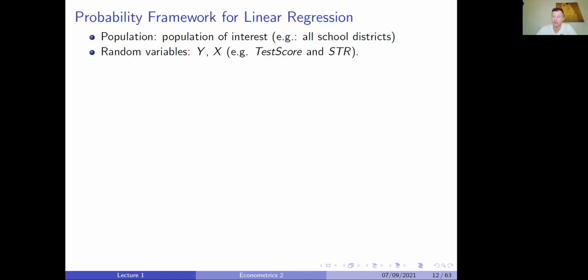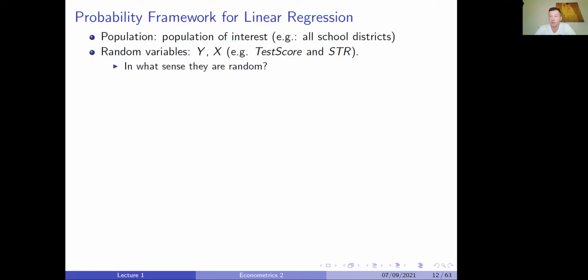Next, random variables, y and x. In our particular example, test score and student-teacher ratio. Why are these variables random? Do you believe that the test score is random? Of course not. Test score is influenced by something for each student, for each school.